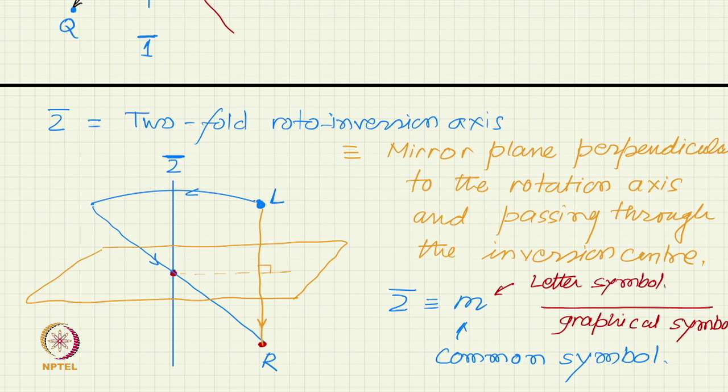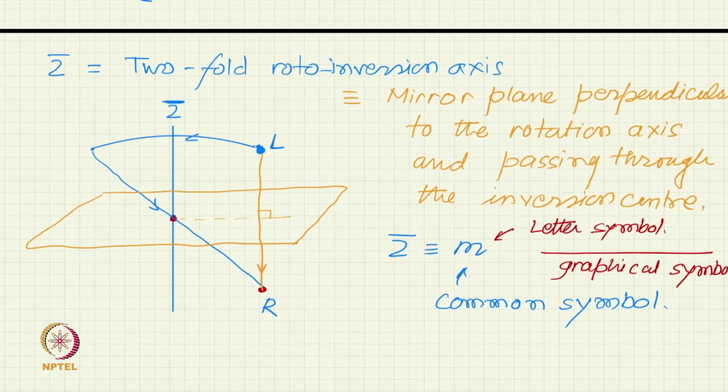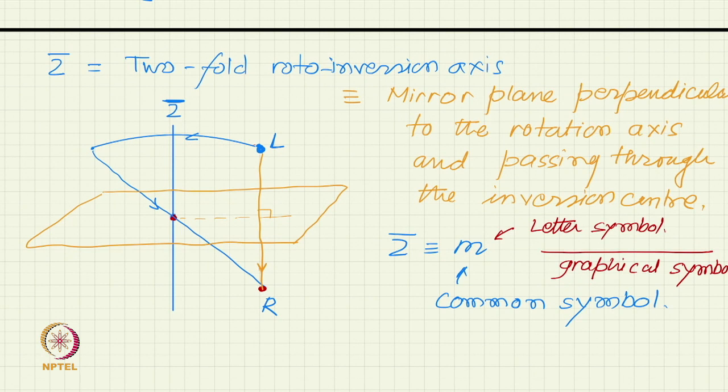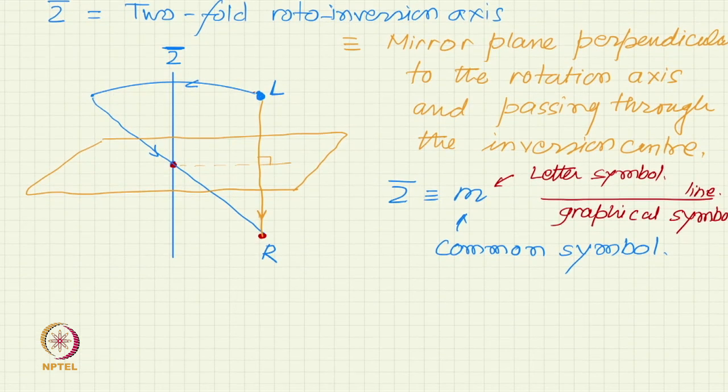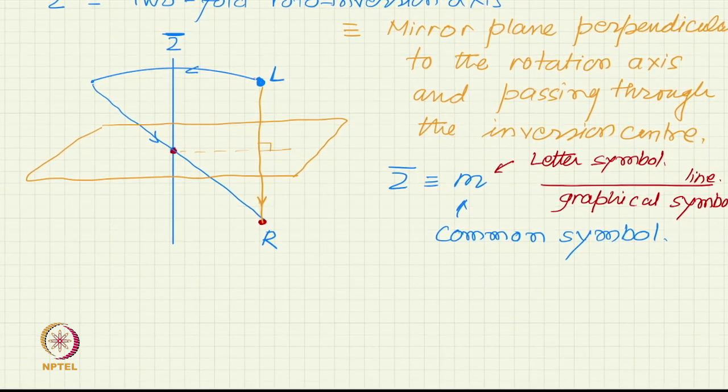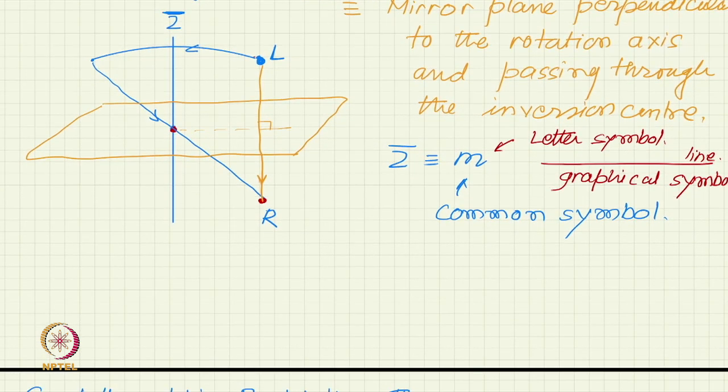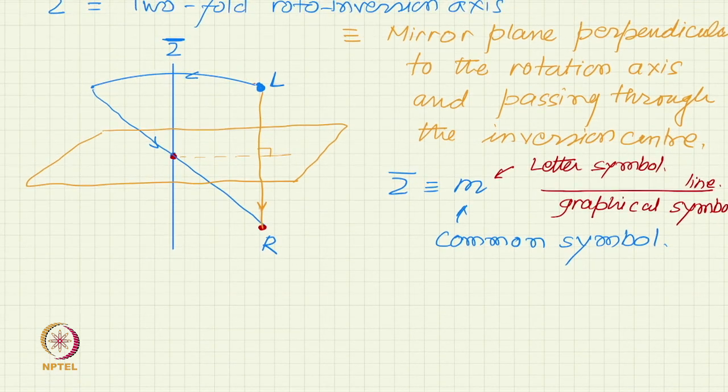Or written symbol, you can say written symbol is M and graphical symbol is a line. In 3D there is some difficulty, because it is a plane, so it is not a line. But usually in 3D we will have the orthographic projections.